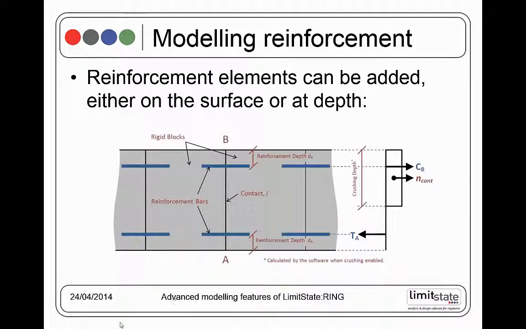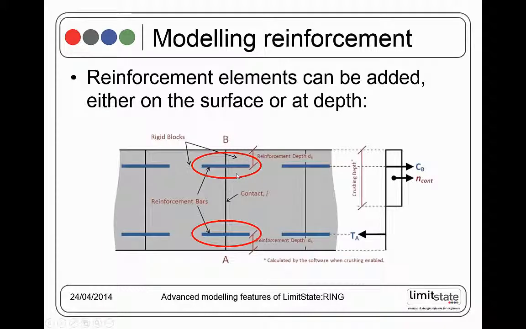So in other words, we've got an additional compressive force, CB, which acts at the location of the reinforcement here, and an additional tension force, TA, which you can see acting in the tensile region. So it's a very, very small change to the analysis formulation.